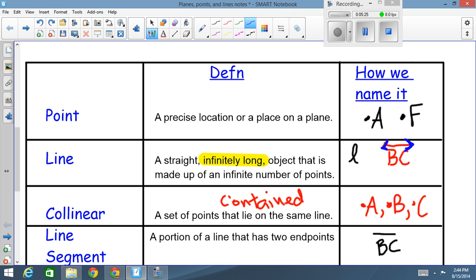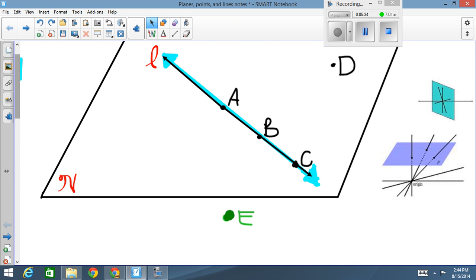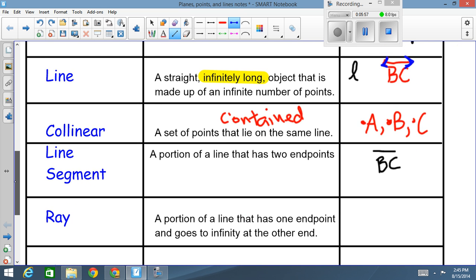So what I just drew here, the BC with the line above it, was really naming this segment right here from B to C. That's a line segment because it has an endpoint at both ends. All right, a couple more here.